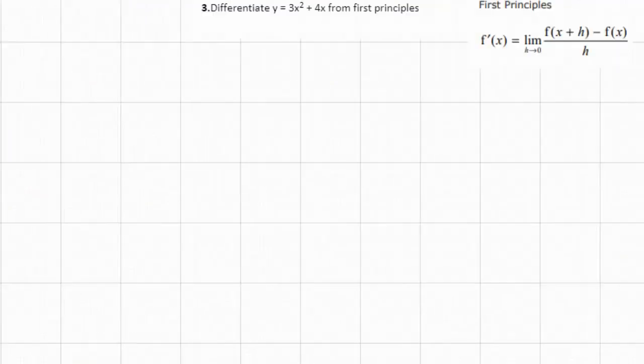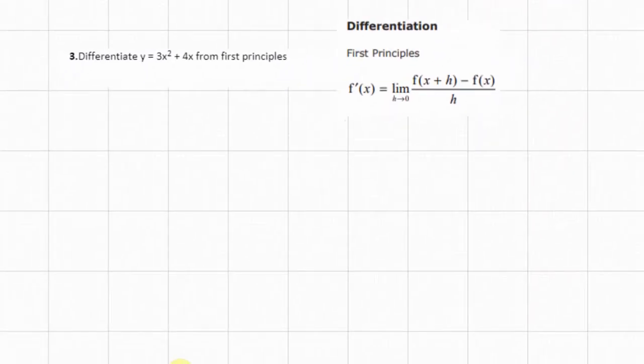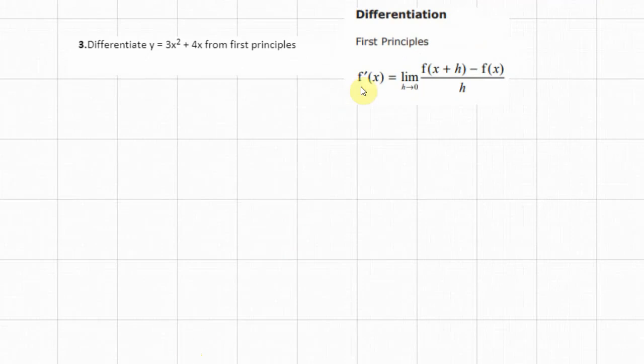Okay, question 3. Differentiating from first principles. So this is what you'll have got in your formula book. We just need to know how to use it. First of all, you probably know what you're expecting to get at the end. You're expecting to get 6x plus 4 because we can differentiate with our other method.